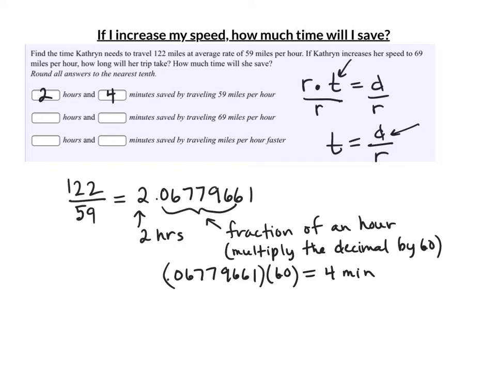Now if she increases her speed to 69 miles per hour, we'll take 122 and we'll divide by 69. That gives us 1.768115942. And we know it's 1 hour.